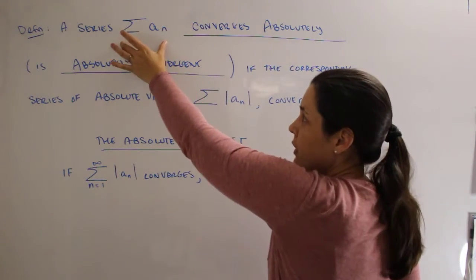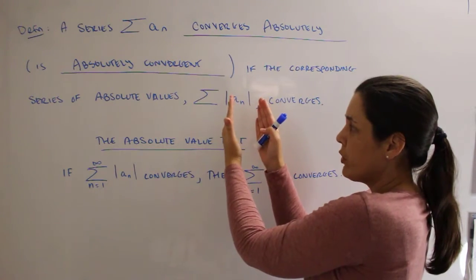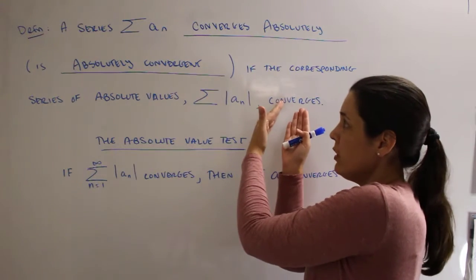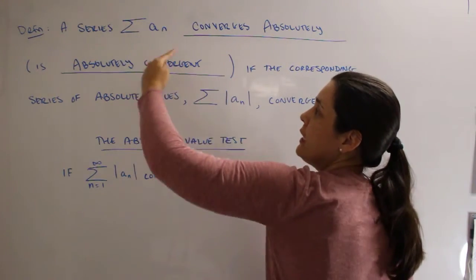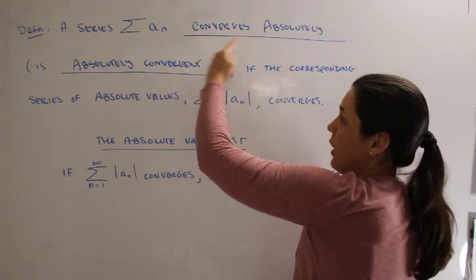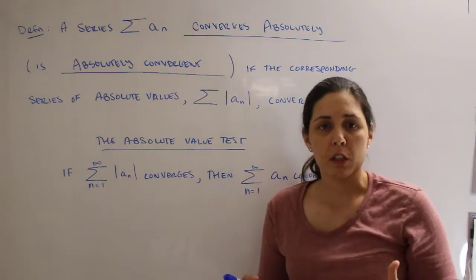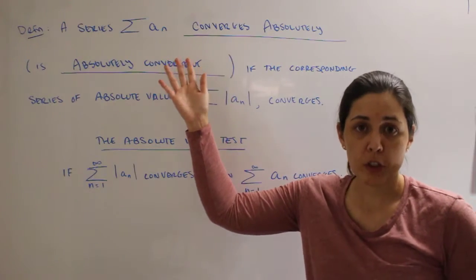So if we have this series, we take the absolute value of the terms and take that series. If that converges, we call the original series absolutely convergent, or we say it converges absolutely. So that's the terminology. This is a definition of a math term.